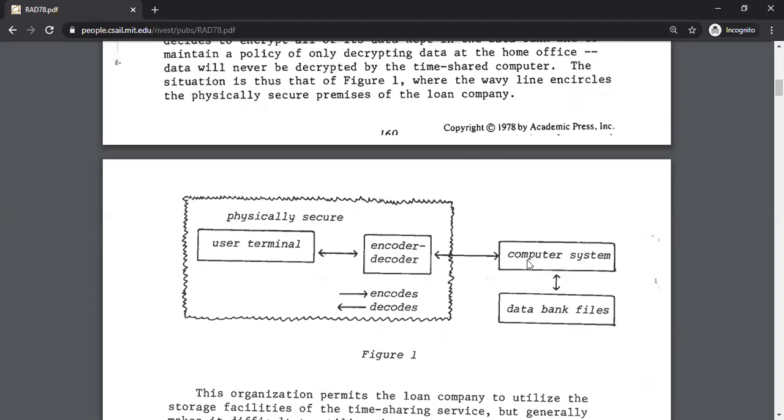Whenever you want to do processing, you download it from the cloud and then process it locally on your machine. Of course, you will not trust the cloud, so you would have to do encoding or encryption. They call it encoder here, but it's usually encryption, just to avoid any confusion between encryption and encoding.